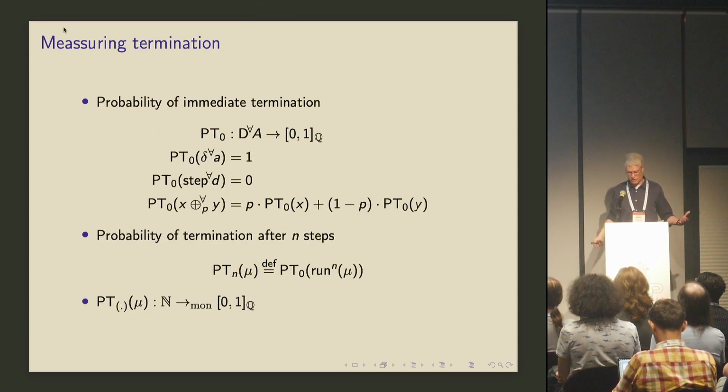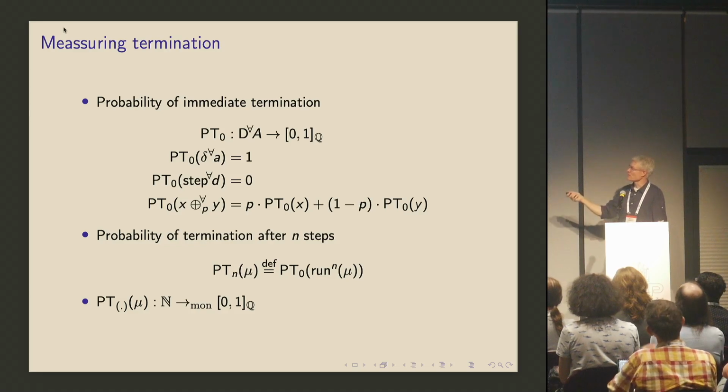And then I want to talk about the probability of immediate termination. This one just says a value terminates, a step does not terminate, it terminates with probability 0. And if you have a distribution of things here, then you just do the weighted average. And so I can talk about termination after n steps: I run a process for n steps, and then I measure immediate termination.